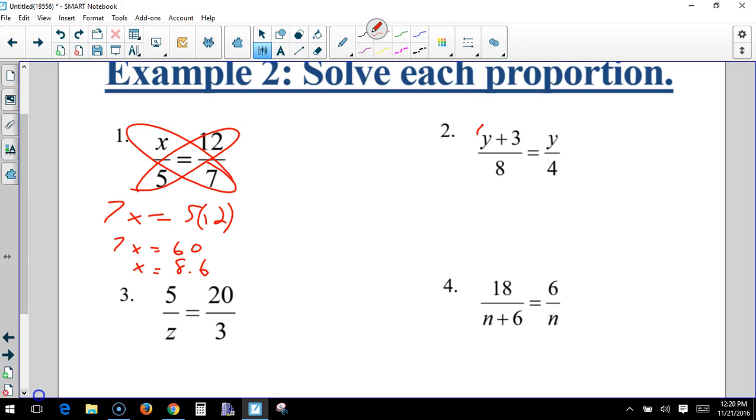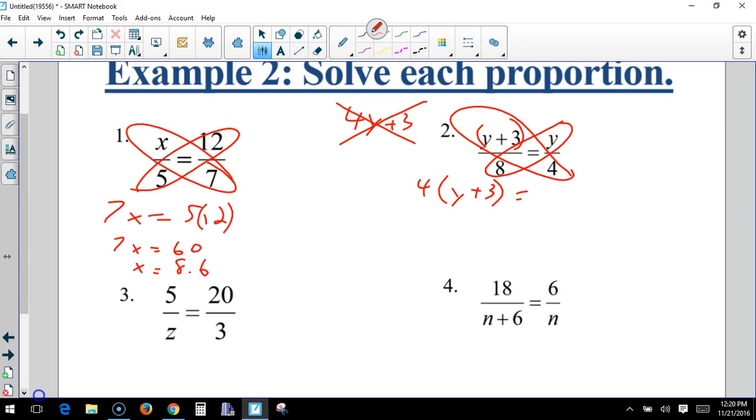Okay, this one you've got to be careful of whenever you have a binomial, 2 terms together. Because this is going to be 4 times the quantity y plus 3. Don't just write this. That's a common error. It's 4 quantity y plus 3 equals y plus 8.